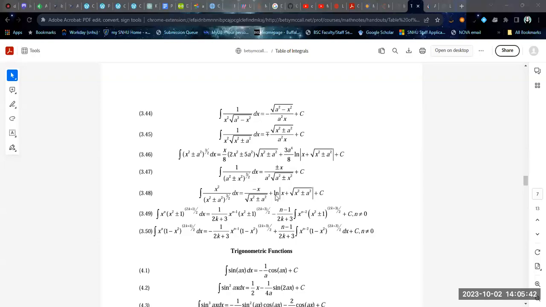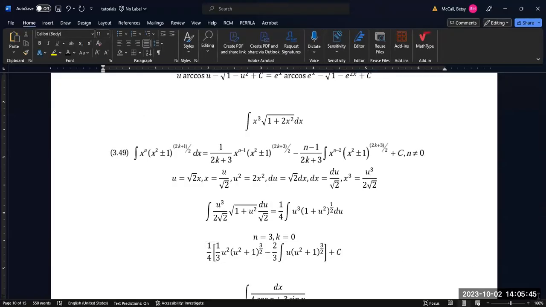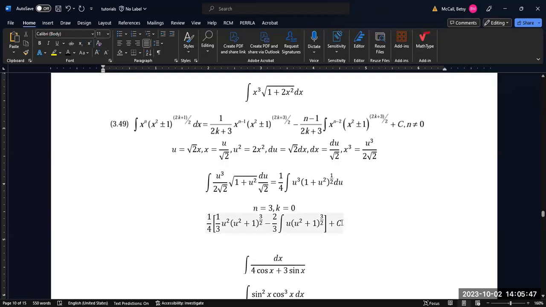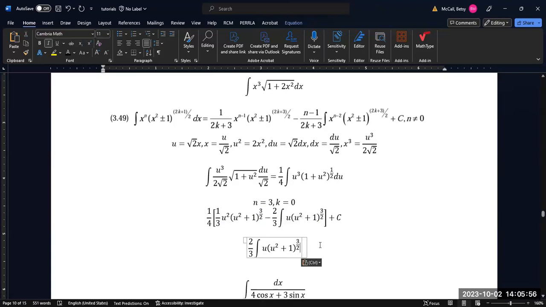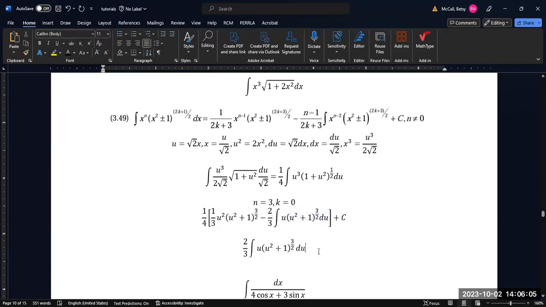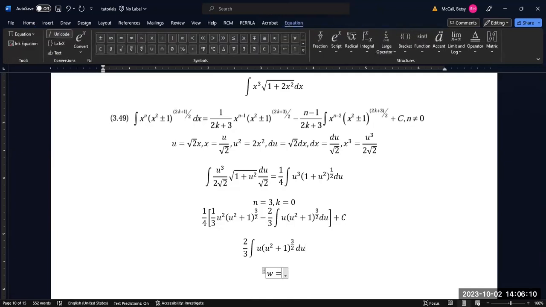So basically in this scenario, we need to finish out this integral right here. In order to do that, there should be a du here. We're just going to do a regular substitution. I'm going to call it something other than u, since I've already used u for something, so w.